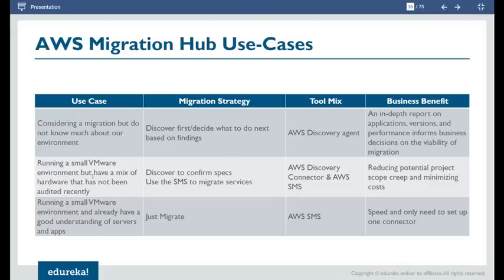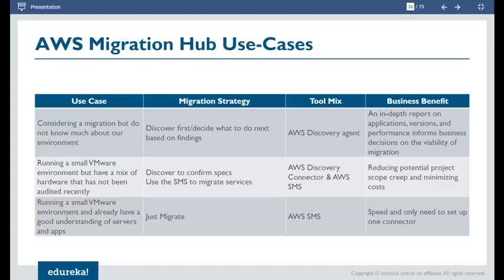Next: you're running a small VMware environment, but have a mix of hardware that has not been audited recently. Again, discover first and then use the Server Migration Service from AWS to perform the migration. So AWS Discovery Connector and AWS SMS.